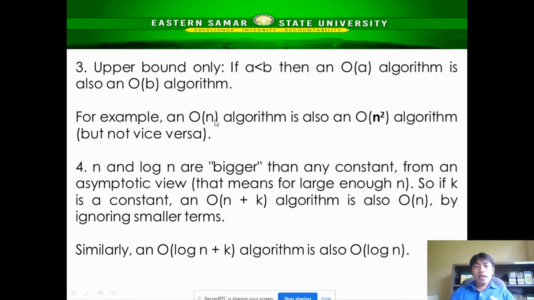Since n is smaller, it can be considered as n squared, but not vice versa. You cannot call it n squared if it is only O of n. n and log n are bigger. If k is a constant, then n plus constant, using rule number one, ignoring constants, becomes O of n.